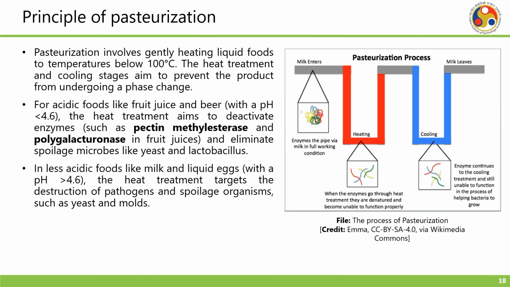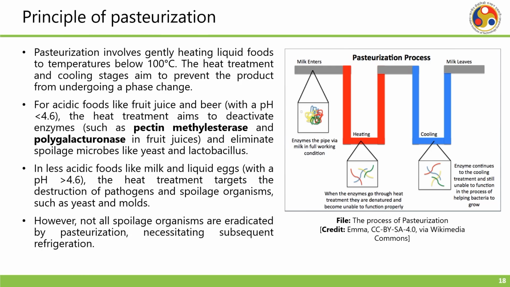In less acidic foods like milk and liquid eggs with a pH a little bit higher than 4.6, the heat treatment targets the destruction of pathogens and spoilage organisms such as yeasts and molds.